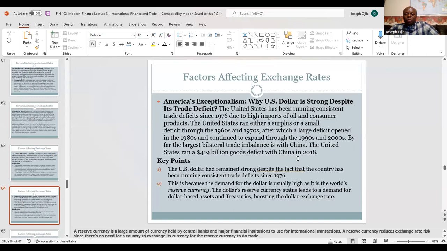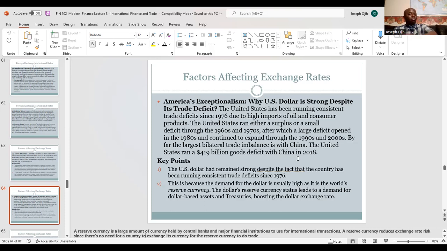because the demand for the dollar is usually high, because it is the world reserve currency. That's reserve currency status. Now, what do I mean by that? A reserve currency is a large amount of currency held by central banks and major financial institutions all over the world to use for international transactions.